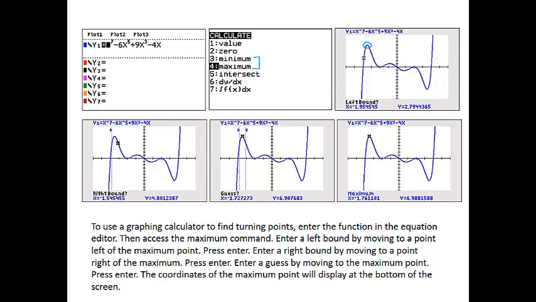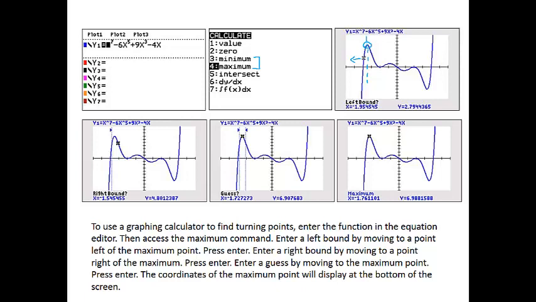So if you envision a vertical line down through this maximum point, to do a left bound, I need to be somewhere on the graph to the left of that point. And it doesn't really matter where you are. Try to stay pretty close to it. But you're just going to move your cursor until you get to the left side. And then you'll press enter.